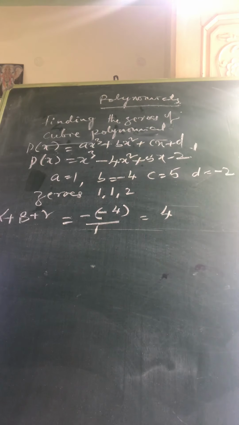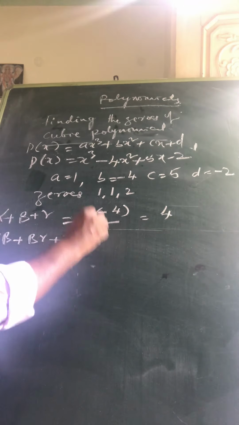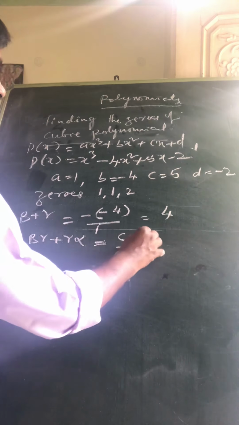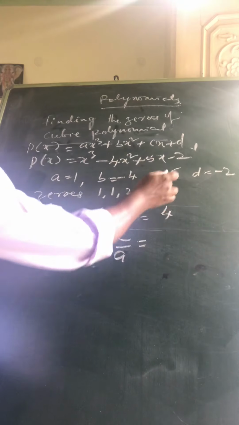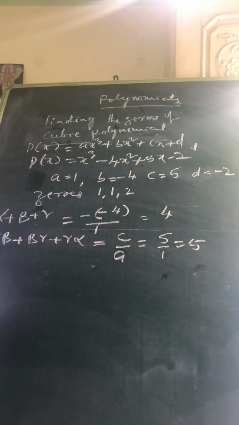Second, the sum of the product of the zeros taken 2 at a time, alpha beta plus beta gamma plus gamma alpha, is equal to c by a, that is 5 by 1 is equal to 5.